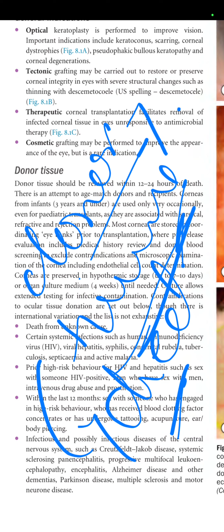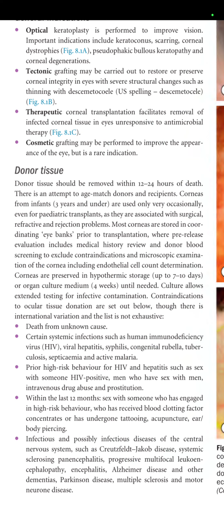Also, what condition caused the death of the person, and is the cornea healthy, its endothelium, or was the donor cornea diseased? These are very important factors for the donation of the cornea.